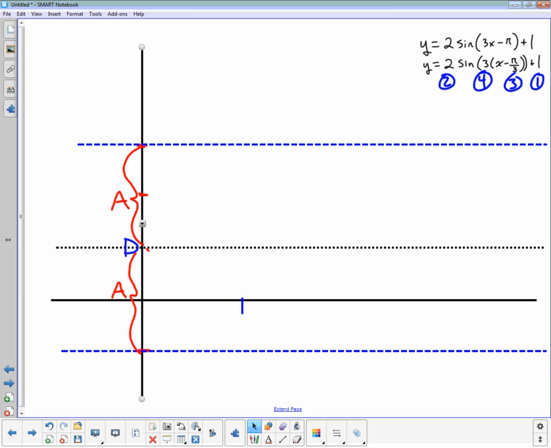So that's why I generally say draw your y-axis lightly, because you might want to move it a little bit in order to make it fit nicely.